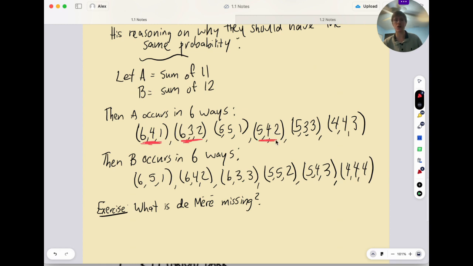And if you look at rolling a sum of 12, that also has 3 ordered triples with all distinct digits, right? This one, and this one. So however you rearrange, whatever the answer is to how many ways you can rearrange them, these are pretty even, right? They kind of cancel each other out. So far, we're tied. Getting a sum of 11 is tied with getting a sum of 12.